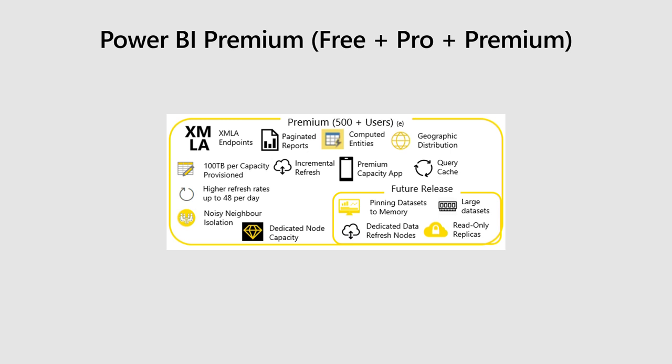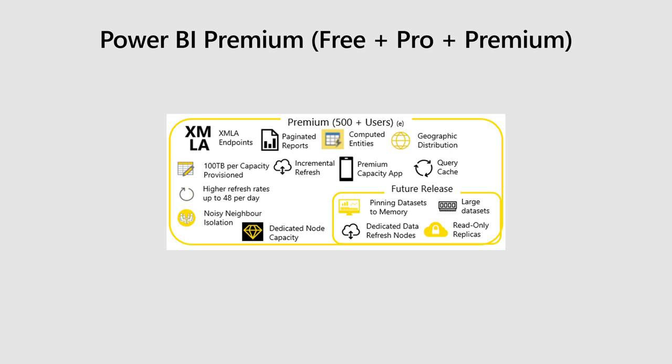Then another quick one is the Premium Capacity app, because often in the past you've bought Premium and you're like, who's doing what? Is it fully utilized? Is it underutilized? Are things running fast? Are things running slow?